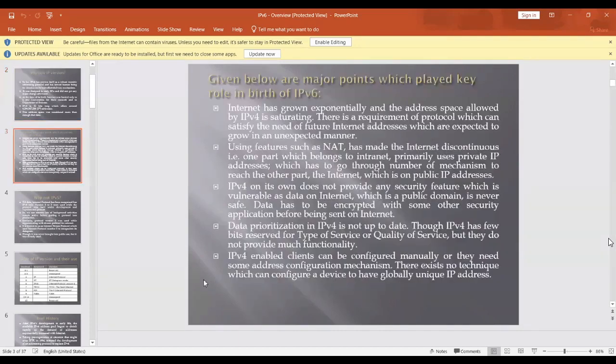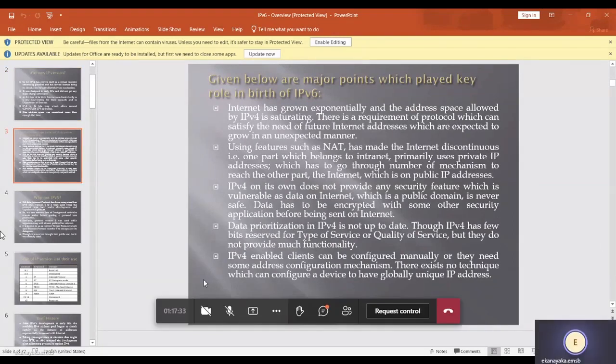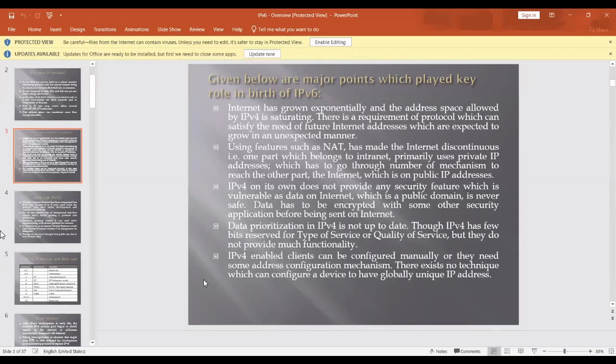But later on, what happened? The major points which played a key role in the birth of IP version 6: the internet has grown exponentially and the address space allowed by IPv4 is saturated. So there was a requirement for a protocol which can satisfy the need for further internet addresses, which are expected to grow in an unexpected manner. Therefore, people wanted a universal numbering address, where a particular person can have 7.7 billion addresses, right?